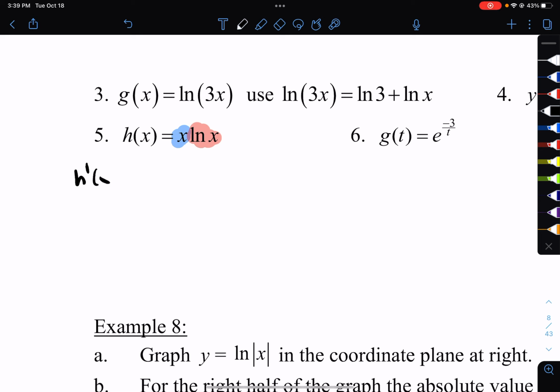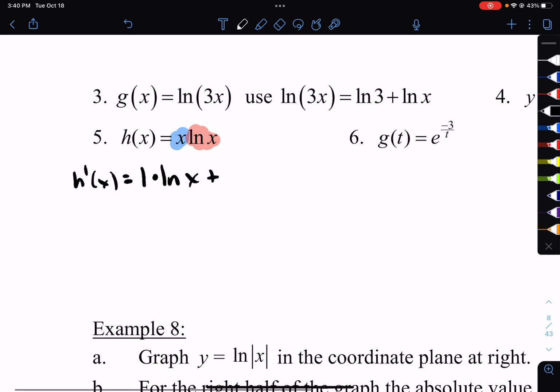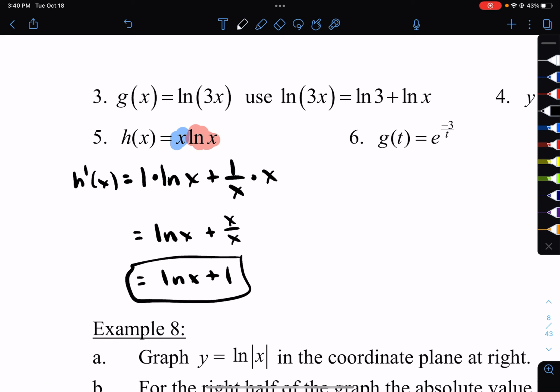So h prime of x is going to equal the derivative of the first one, 1, multiplied by the second one, natural log of x, plus the derivative of the second one, well, that's 1 over x, multiplied by the first one, which is x. So if I rewrite this, I get natural log of x plus x over x, which becomes natural log of x plus 1, would be a good final answer. Okay.